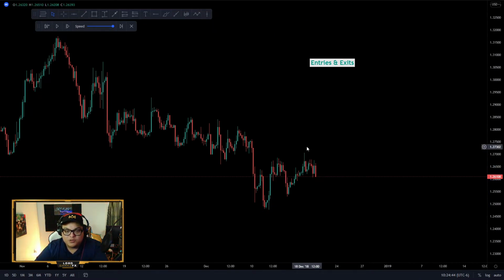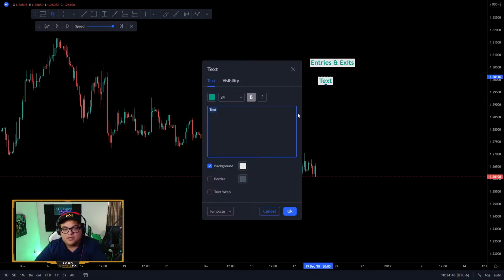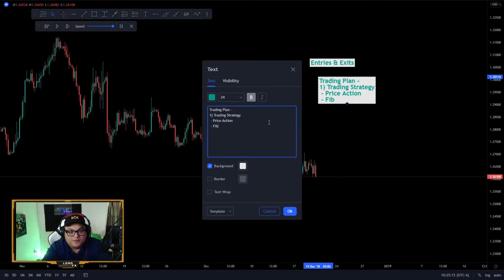The reason I show you this is because entries and exits start way before you start looking at the chart. Entries and exits start with the trading plan, okay? And one of the things in your trading plan should be a trading strategy. Now, that trading strategy could be pure price action. It could be fibs.